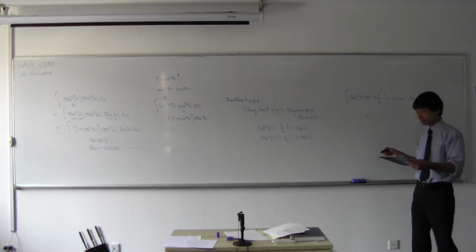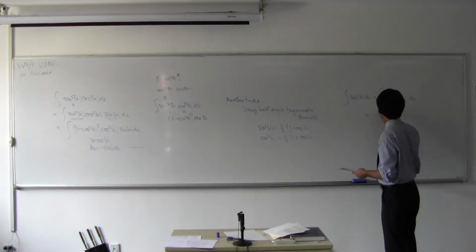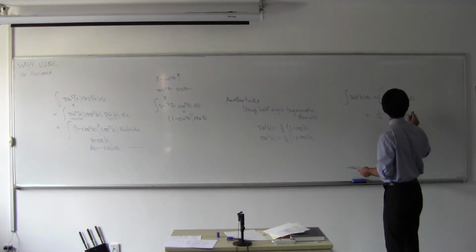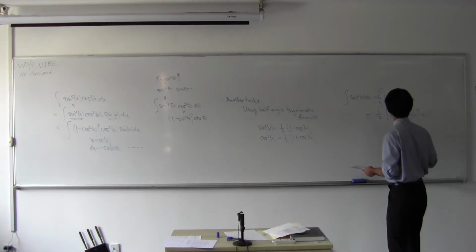And that's easy, because you get 1/2 of x minus 1/2 sine 2x plus c.